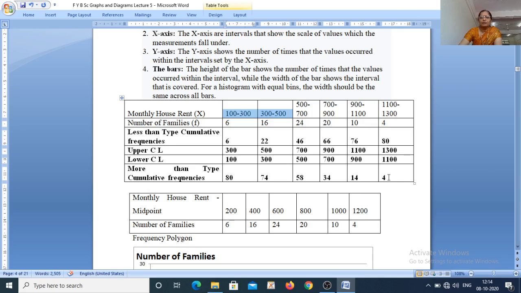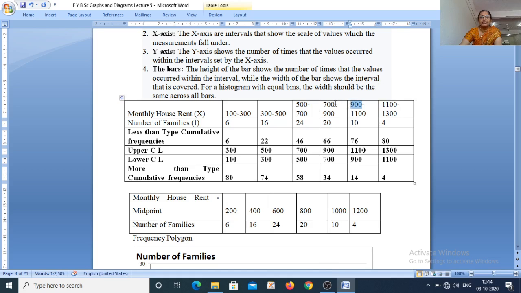There are 4 observations having value more than 1100. So this is the last class frequency. Now if I ask how many observations have a value more than 900, it will be this 10 plus this 4, that is equal to 14.